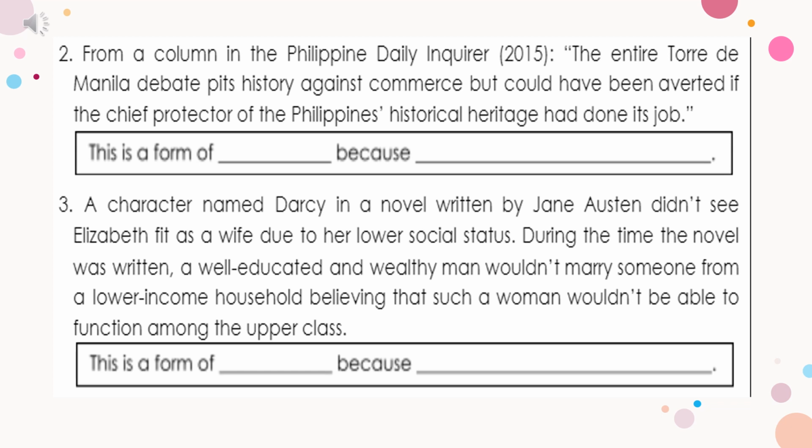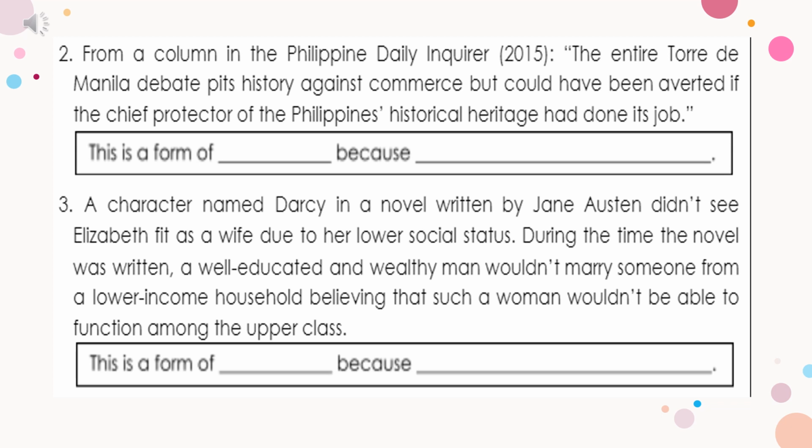Number three, a character named Darcy in a novel written by Jane Austen didn't see Elizabeth fit as a wife due to her lower social status. During the time the novel was written, a well-educated and wealthy man wouldn't marry someone from a lower income household, believing that such a woman wouldn't be able to function among the upper class.